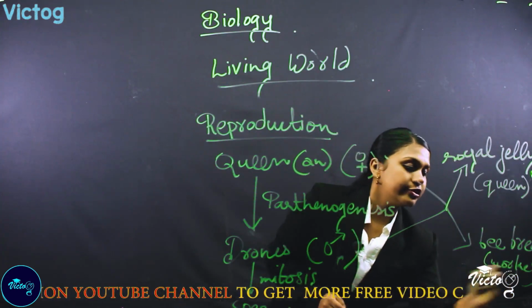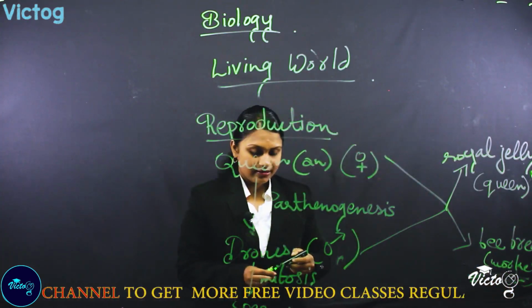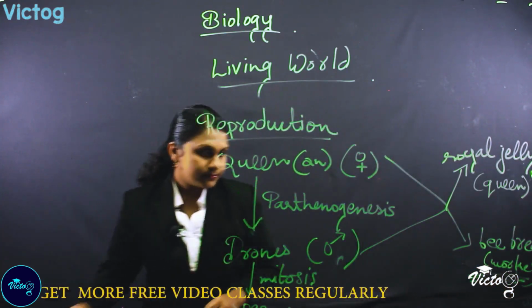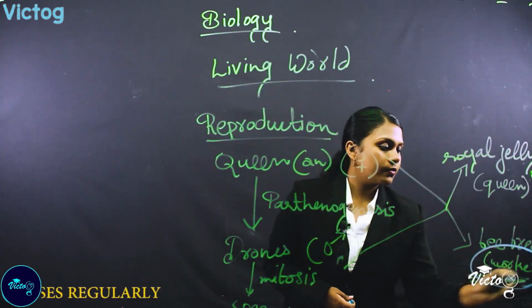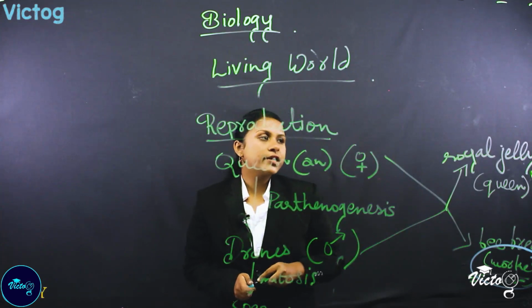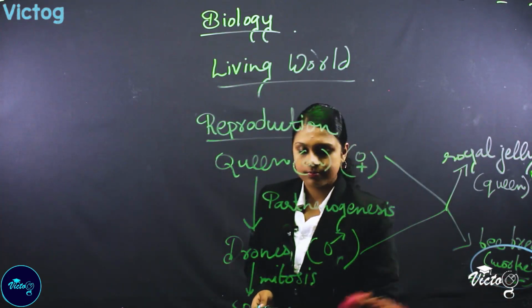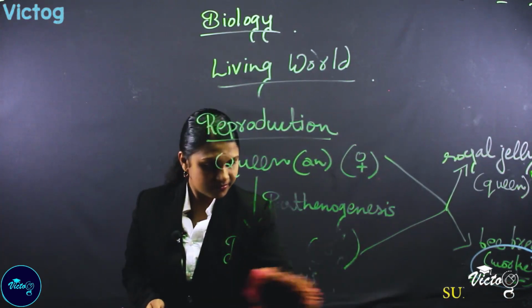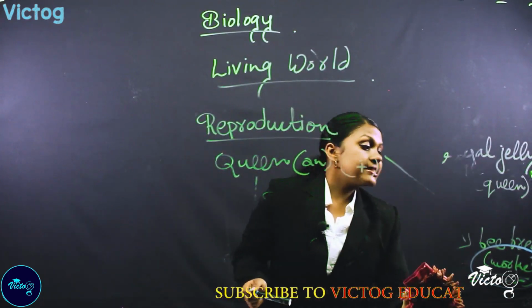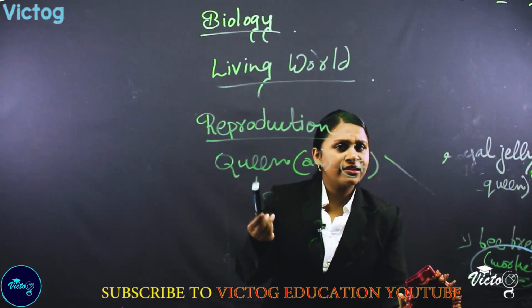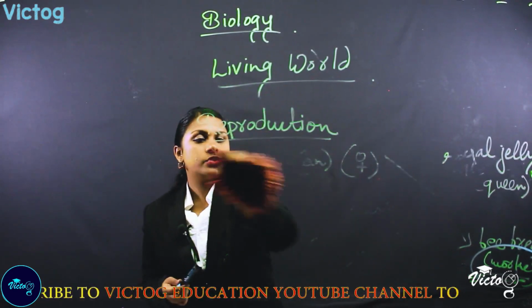And they are infertile. Note down: except the worker bee, queen and drones are fertile. So don't get confused.